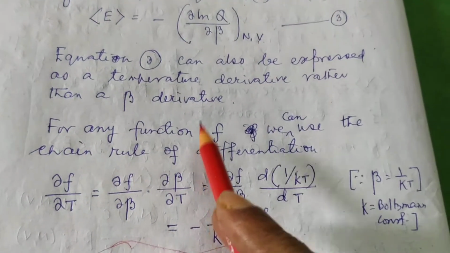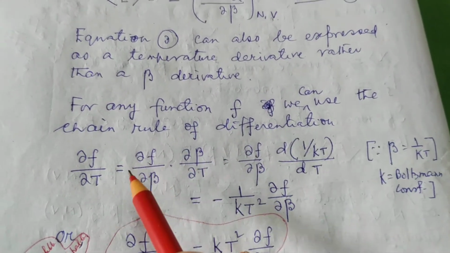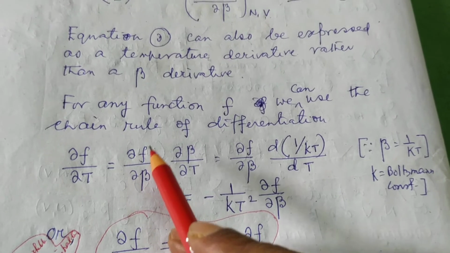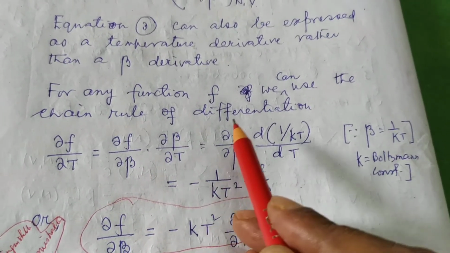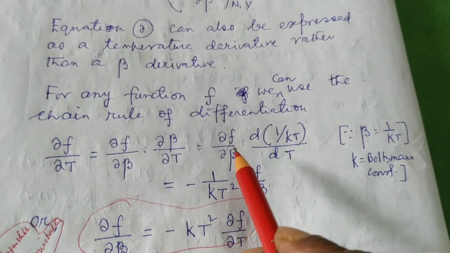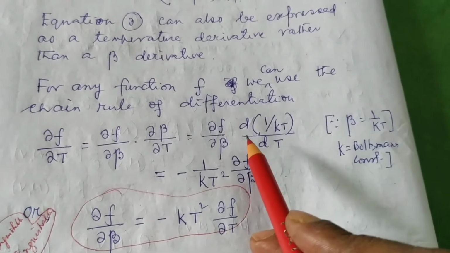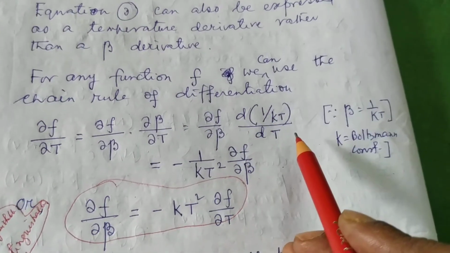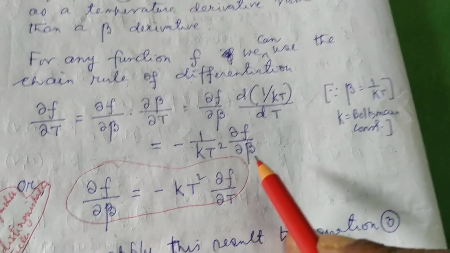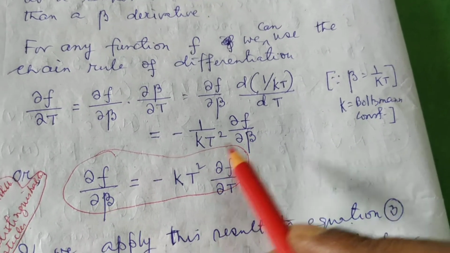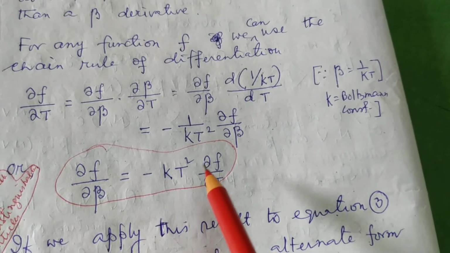For any function f, we can use the chain rule of differentiation: del f by del T equals del f by del beta into del beta by del T. Now beta equals 1 upon kT, so del beta by del T is d(1/kT)/dT, which equals minus 1 upon kT squared. So del f by del beta becomes equal to minus kT squared del f by del T.